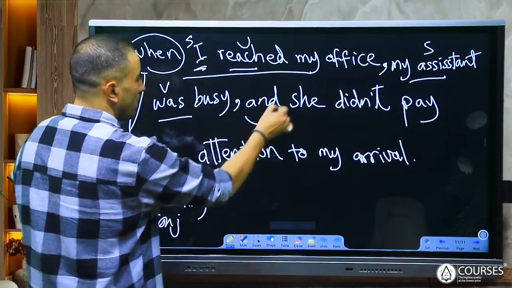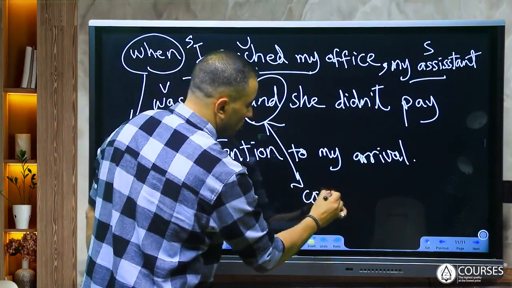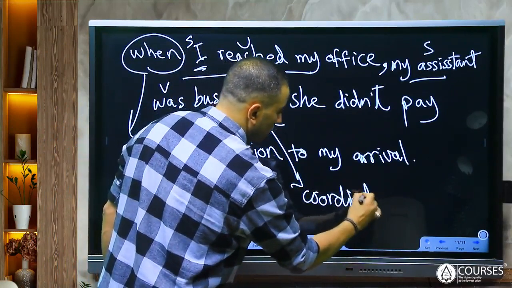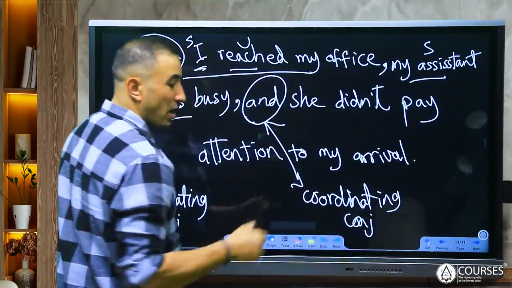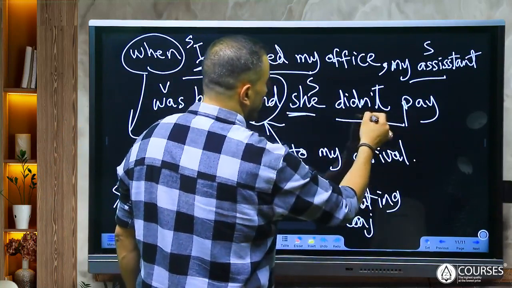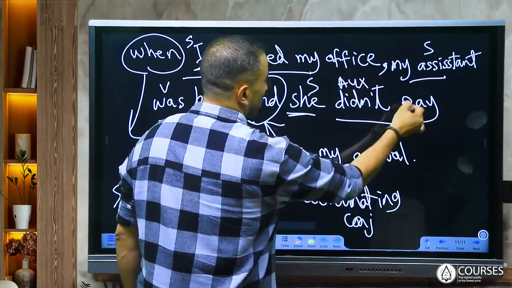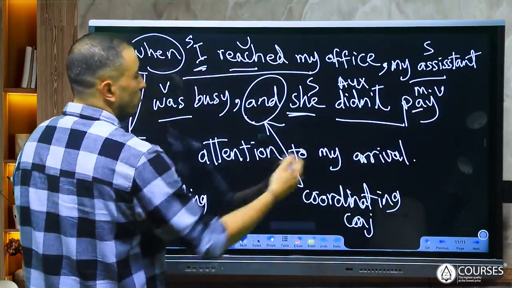Was busy. Then we connect it by and, the coordinating conjunction. Also after it must be a subject and a verb. She is the subject, didn't pay is the verb phrase, auxiliary verb plus the main verb, pay attention to my arrival.